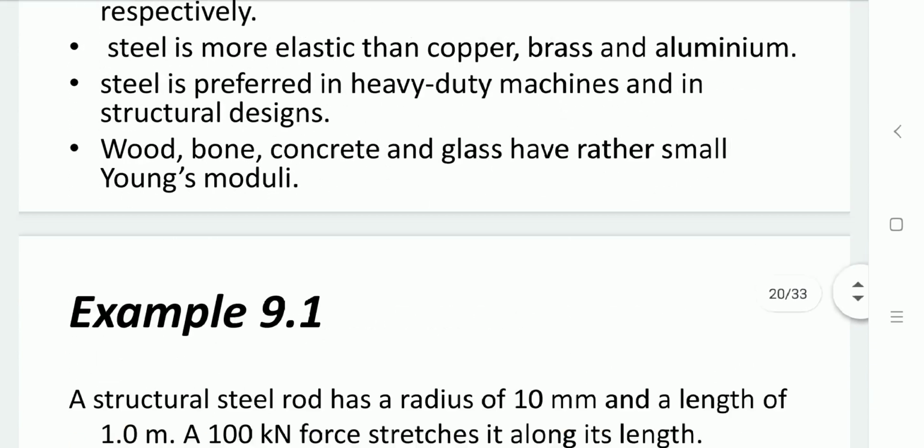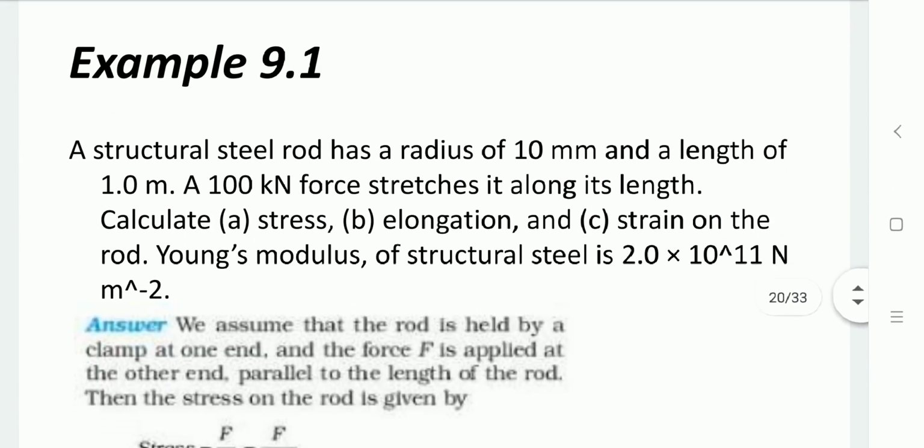Let us go through an example regarding the same. A structural steel rod has a radius of 10 millimeter and a length of 1 meter. A 100 kilonewton force stretches it along its length. Calculate stress, elongation and strain on the rod.